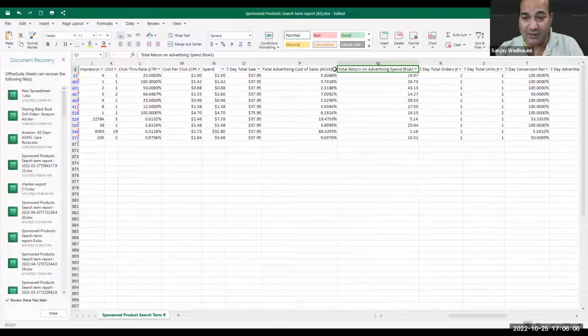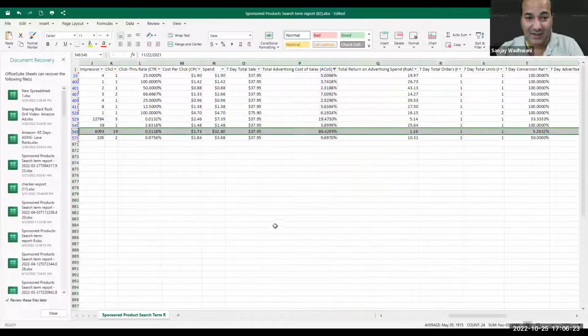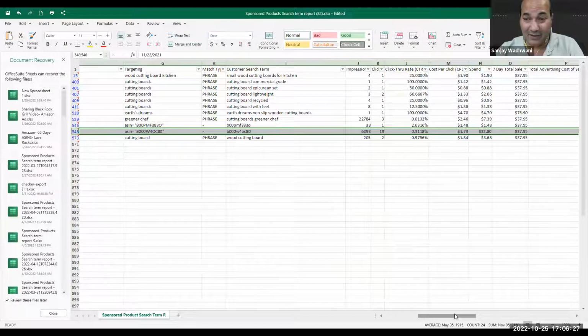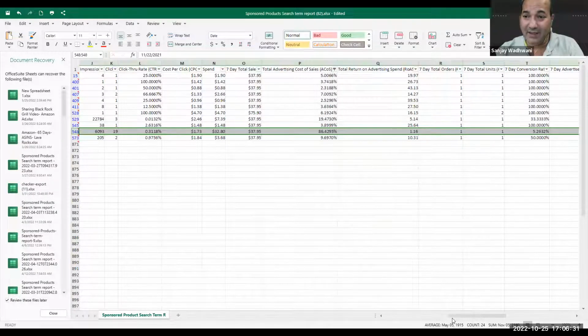So how do you lower it? Let's say, for example, you have this ACOS right here, pulling your leg. Let's say that one is really killing your business. The only thing you do is take that 86% keyword phrase. This is an ASIN, so we take that ASIN and negative ASIN it.